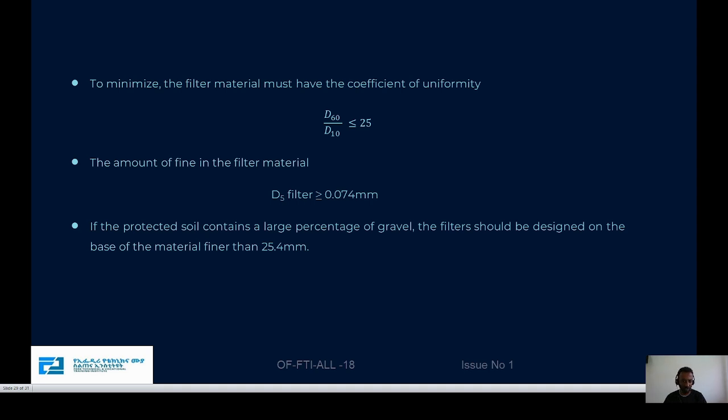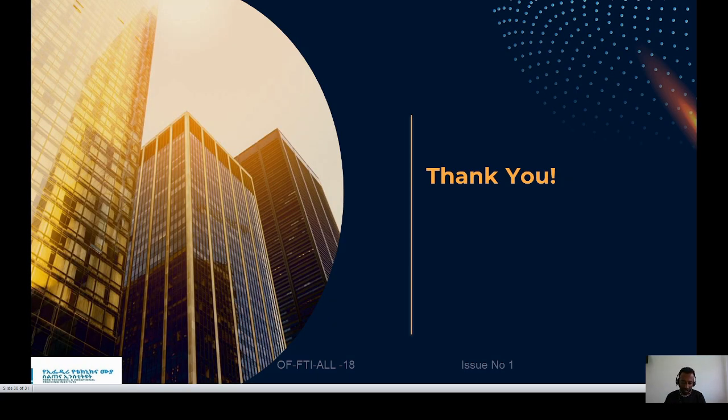The amount of fines will protect the holes. If the holes are larger and the material is fine, there is clogging, and the subsurface drainage system fails. So in subsurface drainage, the diameter is very critical. Thank you for listening.